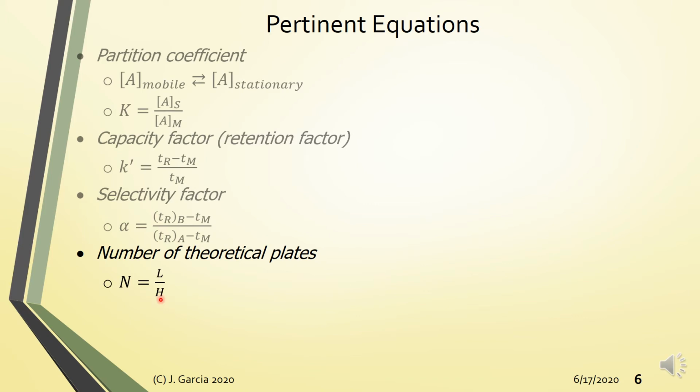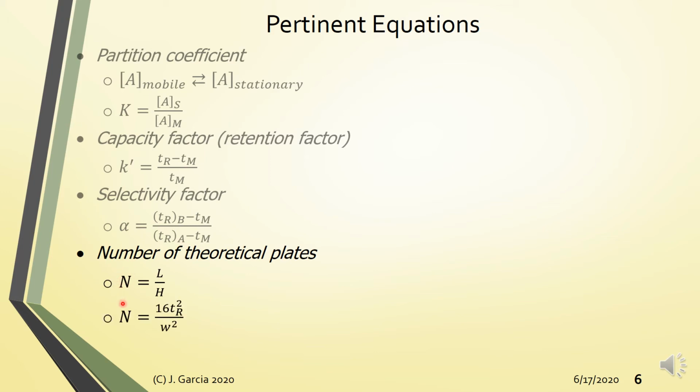In some books, it's just referred to as H. The unit for length and theoretical plate height is usually expressed in centimeters, where H is centimeters per plate, so your final unit is plates. Here, the higher the number of theoretical plates, the more efficient your column is in terms of separating the components of a mixture.